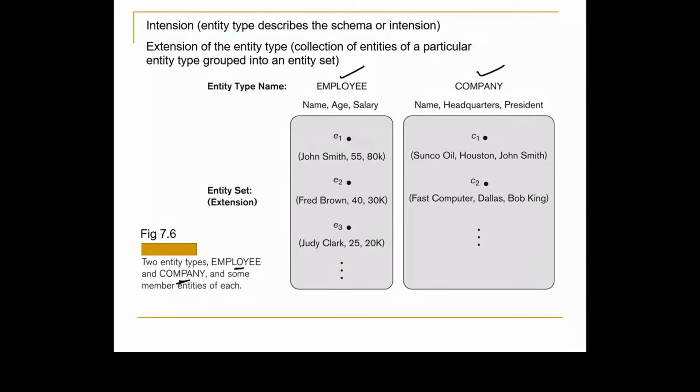The entity set is usually referred to using the same name as the entity type. For example, employee refers to both the type of entity as well as the current set of all employee entities in the database. Here one entity type is employee, another entity type is company.